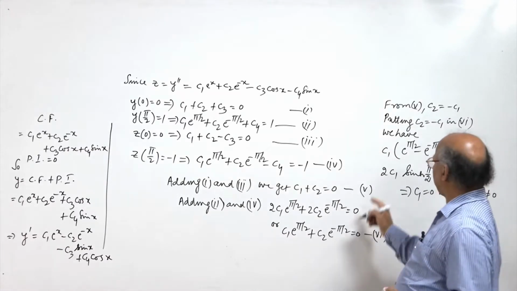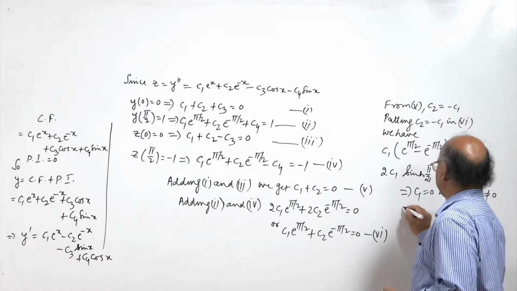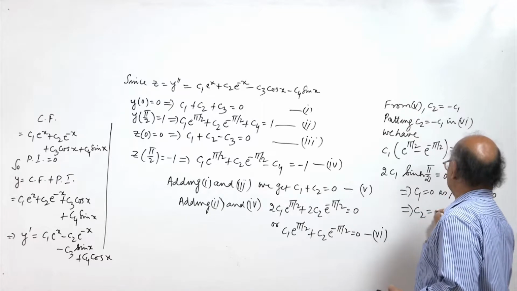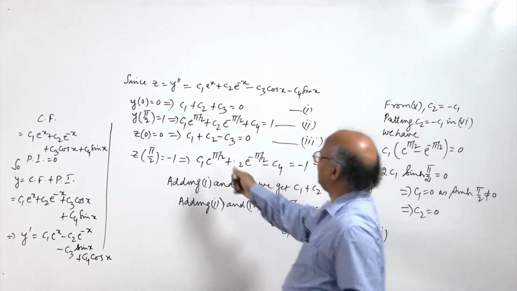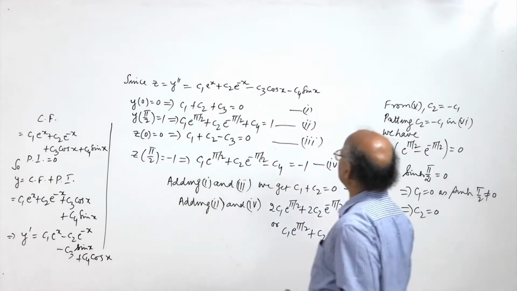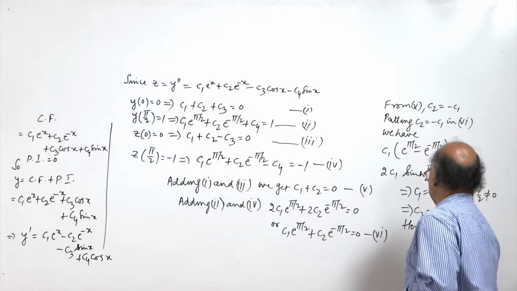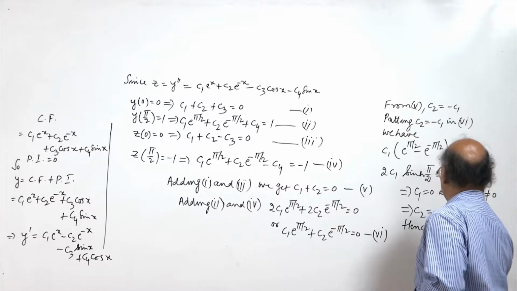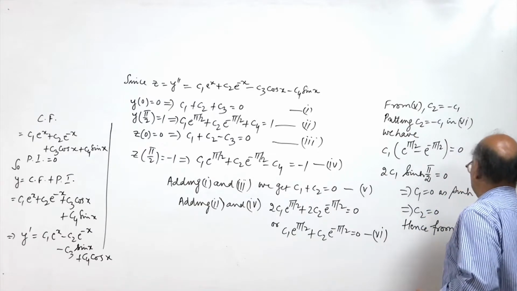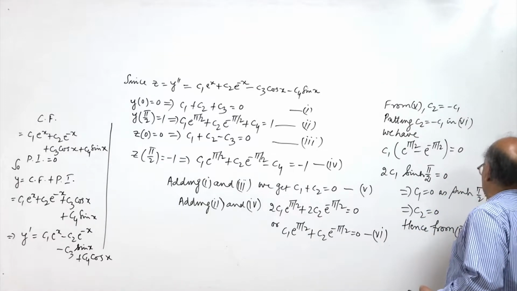c1 equal to 0 makes c2 equal to 0. Now c1, c2 equal to 0, so equation 1 gives you c3 equal to 0.